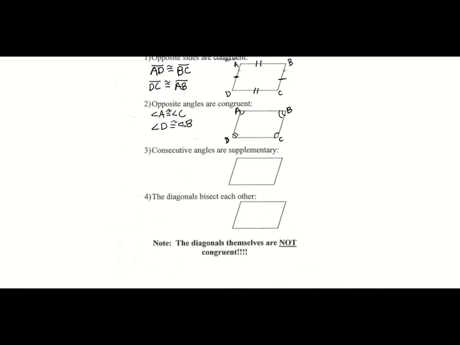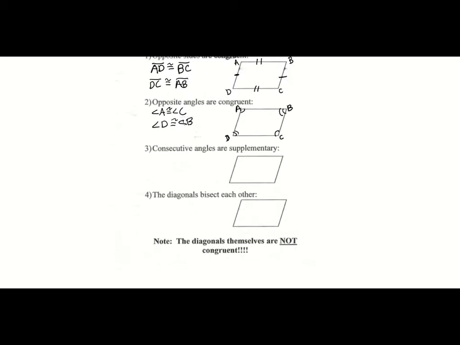The next thing we know is that our consecutive angles are supplementary. So since we know it's a parallelogram, remember these arrows mean parallel. If we have A, B, C, D, if these lines are parallel, these angles here, B and C, are consecutive interior angles.